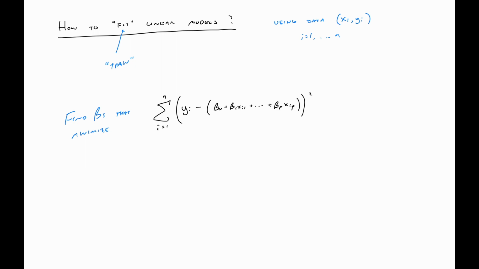So what we have here is a bunch of errors, and they're squared, and we want to make them as small as possible. You may have heard a name for this procedure. It's called least squares. How inventive.